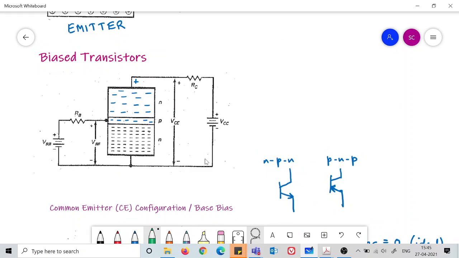of this circuit and look at the transistor as two different diodes placed one after another. Here of course the base current will not be there, but the collector base diode is in reverse bias, so there is a reverse saturation current in the collector base diode, and that would be circulating in this circuit.